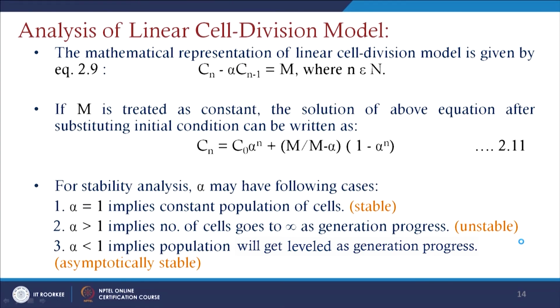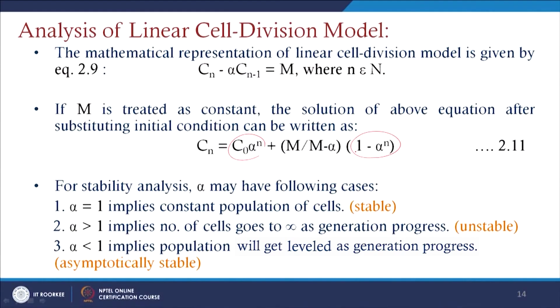So, C n minus alpha C n minus 1 equals m, for n belonging to N. If m is treated as a constant here, the solution of the above equation after substituting the initial condition can be written as C n equals to C 0 alpha to the power n plus m by m minus alpha into 1 minus alpha to the power n here.